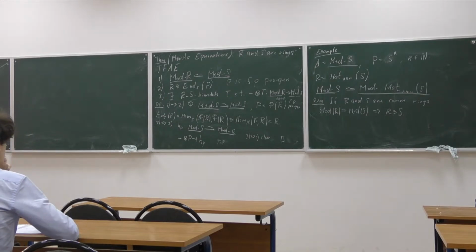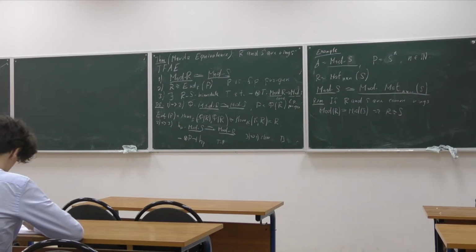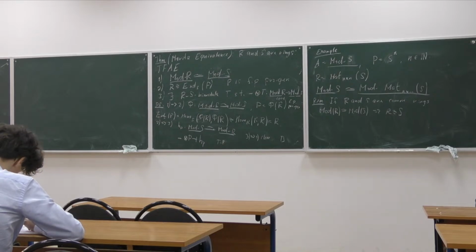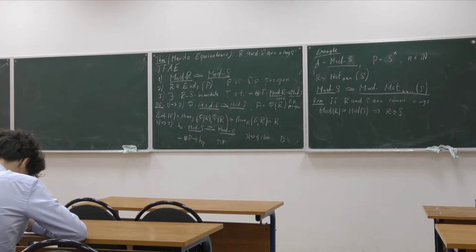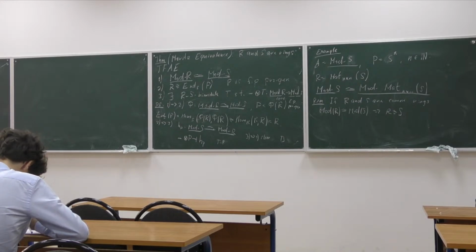Okay, so you can do this, and if you start with one ring, you get some projective generator in general. Why do you think that this is the ring S? Is it true that a projective generator is unique up to isomorphism? No. As mentioned several minutes ago, if you take a generator and add something to it, it's still a generator.